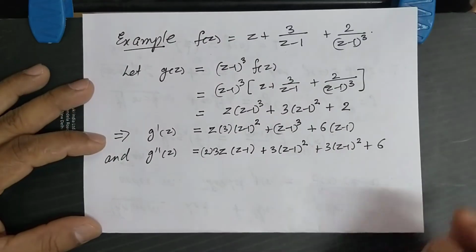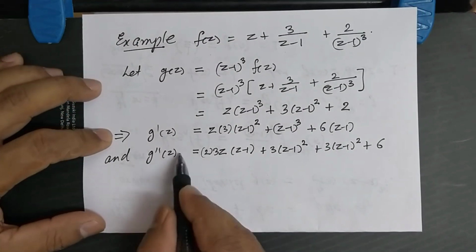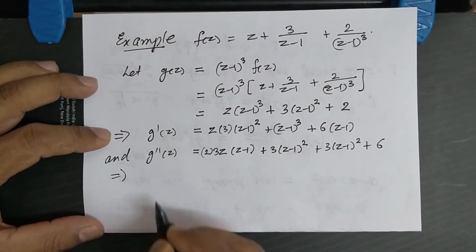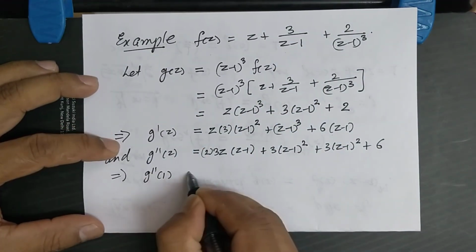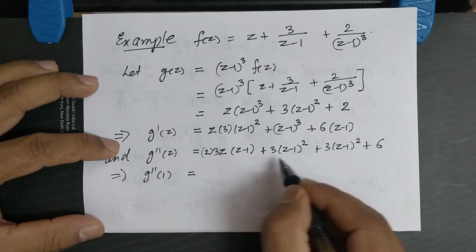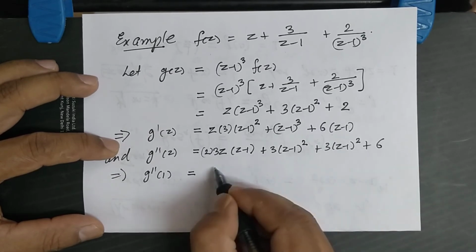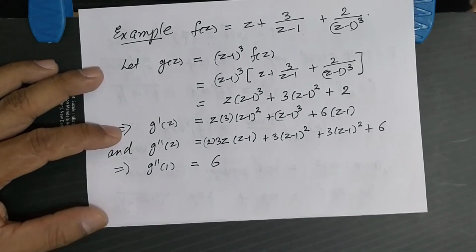I want to calculate the residue, so I have to calculate this at z equal to 1. Therefore, g dash dash of 1: I get a 0 from here, a 0 from here, a 0 from here. So what I get is just 6.